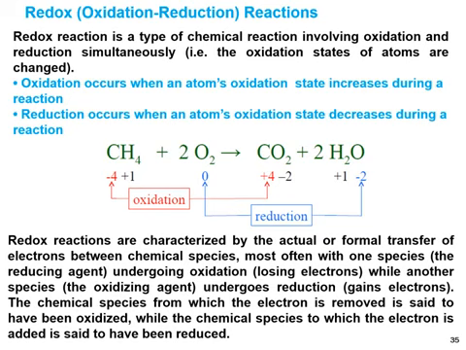Methane reacts with oxygen and gives carbon dioxide gas and water. The oxidation state of the carbon in methane is -4. It changes from -4 to +4, meaning the oxidation state of carbon changed from lower to higher.